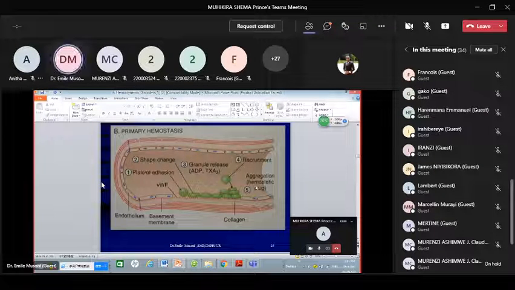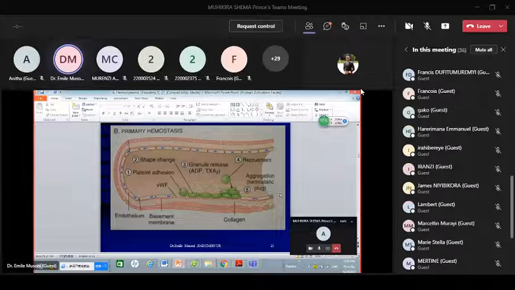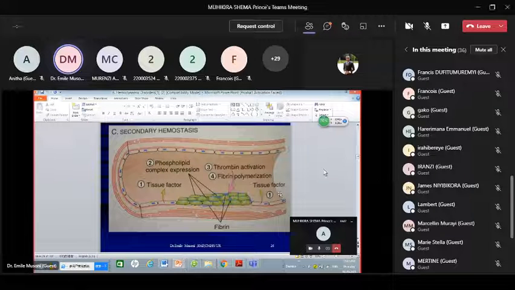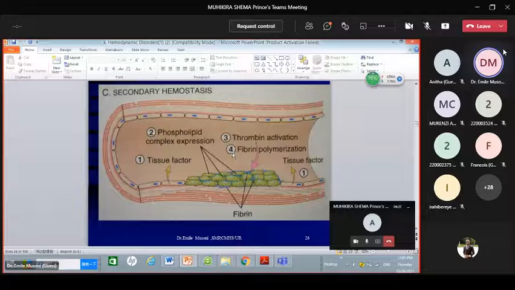there will be aggregation of the hemostatic plug and the recruitment of those collagen. Secondary hemostasis, there will be also some tissue factors, phospholipid complex expression, and some tissue, again, for formation of the fibrin.